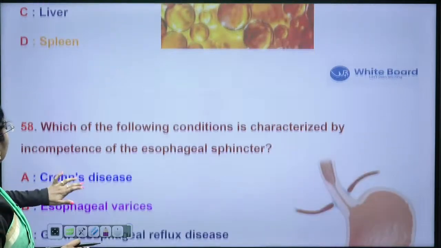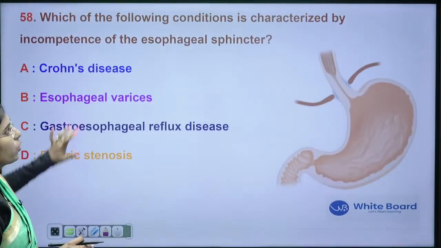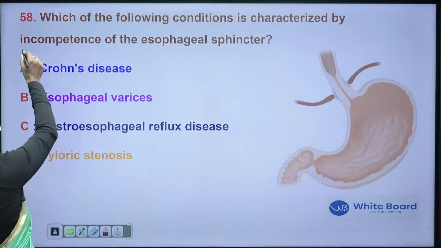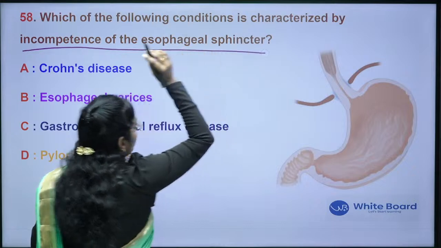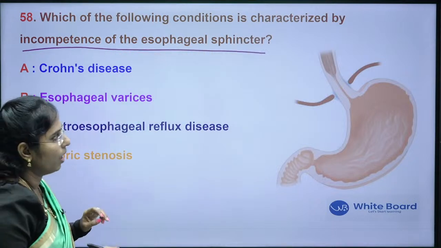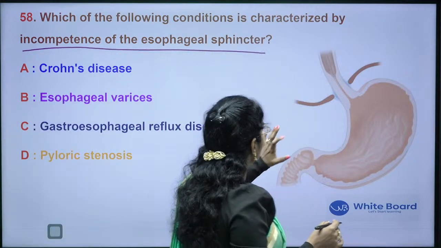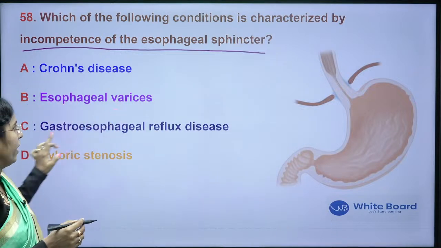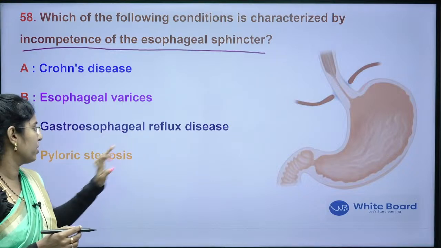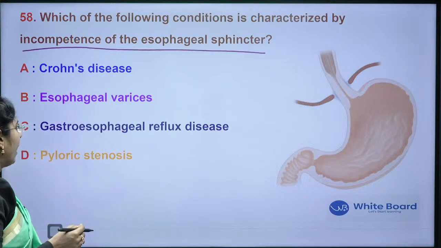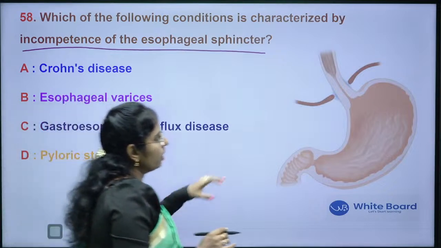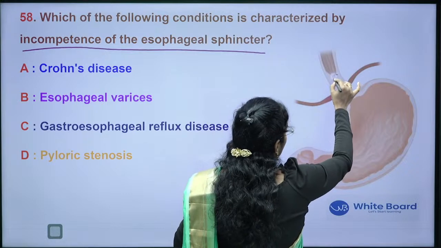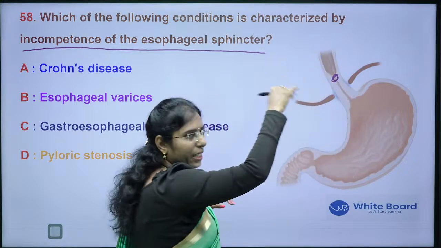Right. So, next one, the 58th question. Which of the following conditions is characterized by incompetence of the esophageal sphincter? Okay, they have already given the structure here. The options are Crohn's disease, esophageal varices, gastroesophageal reflux disease and pyloric stenosis. This is a structure of the stomach, right? Here there is a sphincter, that is the esophageal sphincter.